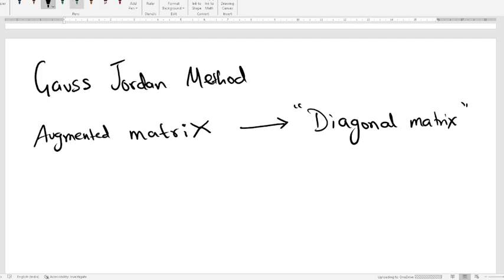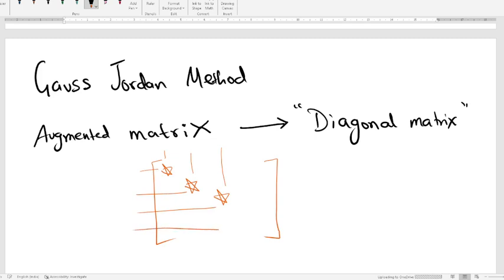A diagonal matrix is a matrix in which every element except the diagonal entries, the first row, first column, second row, second column, third row, third column, right? Non-zero elements are allowed only on diagonal positions.